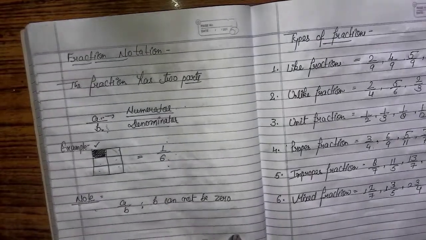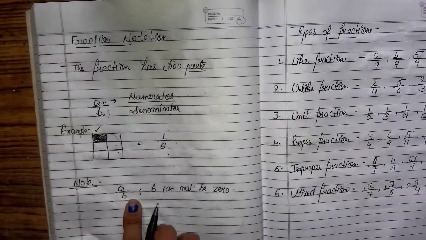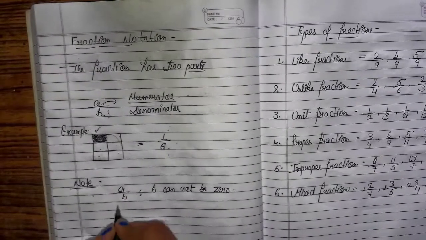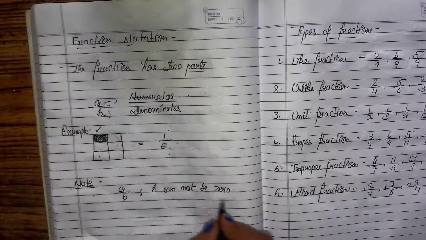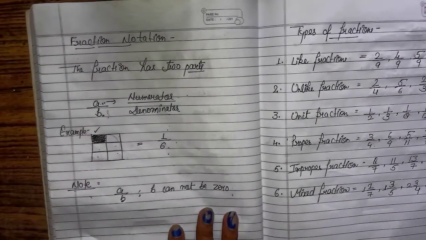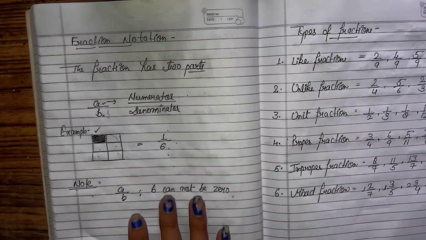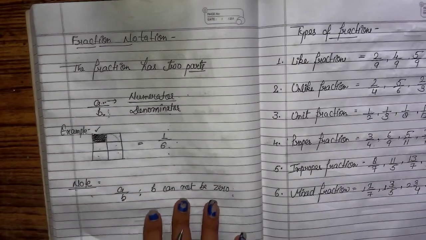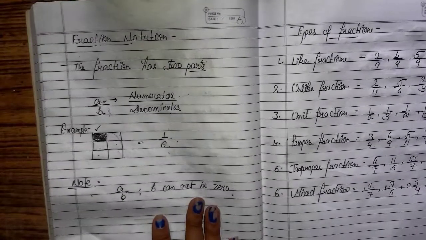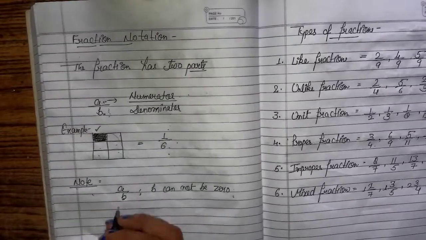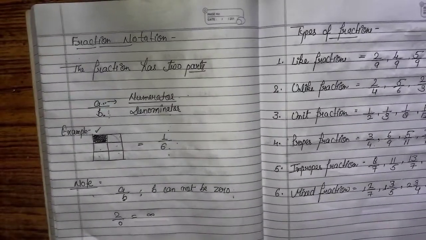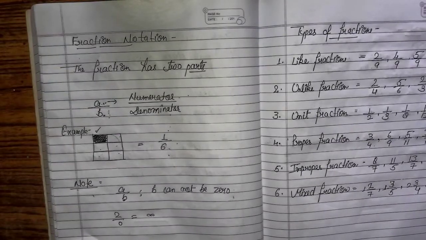Now note one thing, in a fraction a upon b, the denominator b cannot be 0, because if it is 0 then the fraction will not be defined, as we cannot divide anything by 0. Like 2 upon 0 is infinite, meaning not defined.